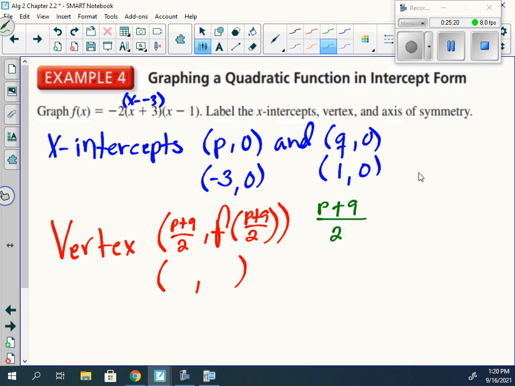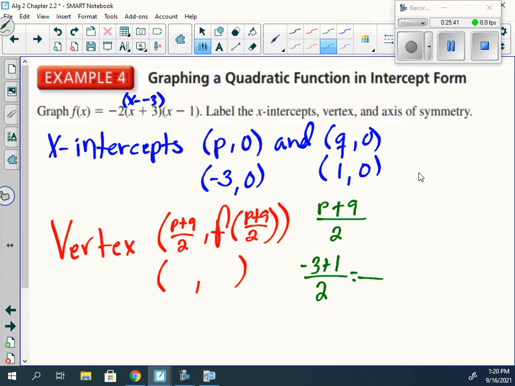Well, we can find the p plus q divided by 2 first. Well, what is p plus q? Well, it would just be negative 3 plus 1 divided by 2, because we're adding those two values together and dividing by 2.